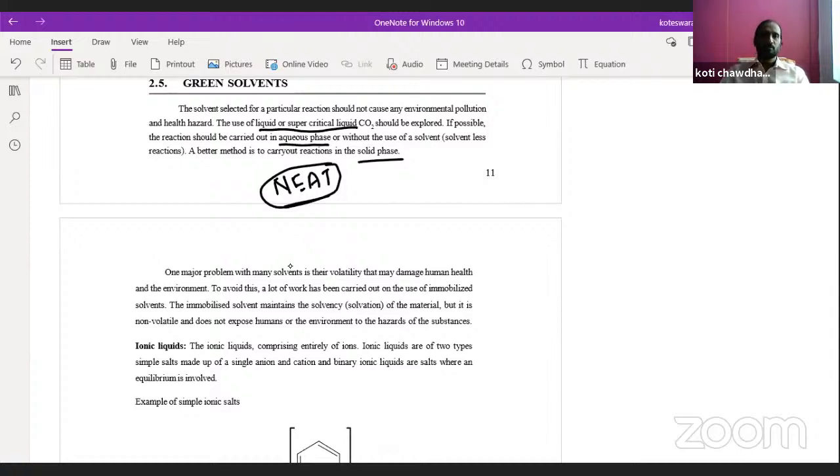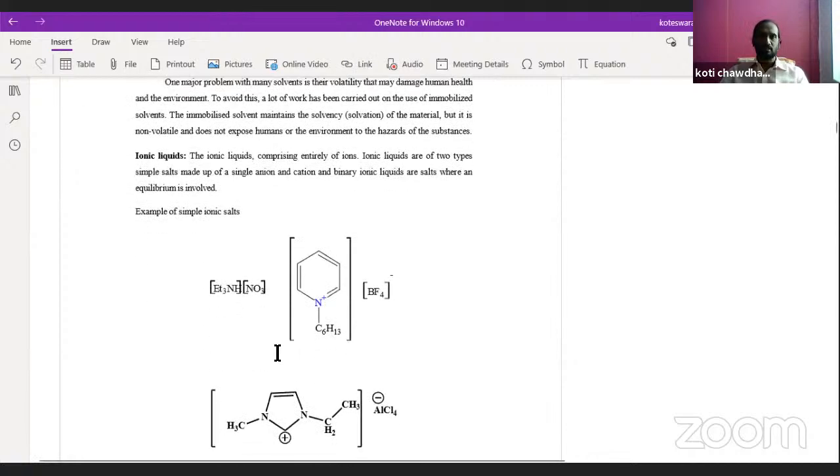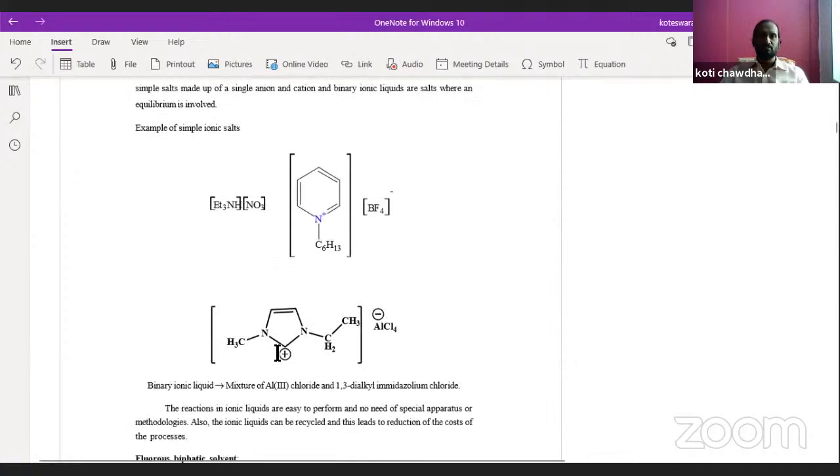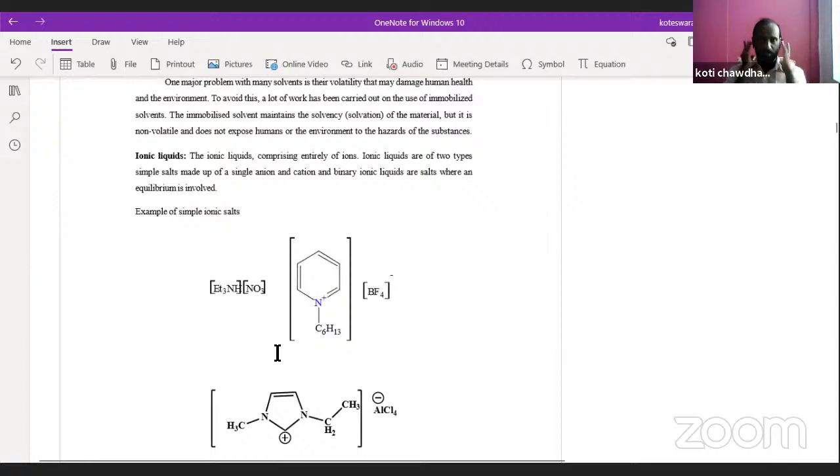Another kind of green solvents are ionic liquids. Ionic liquids are in the form of two ions, one anion and one cation combined to form monobasic salts. Similarly, a dibasic cation and a dibasic anion combine to form a dibasic salt. Such substances are used as ionic liquids.